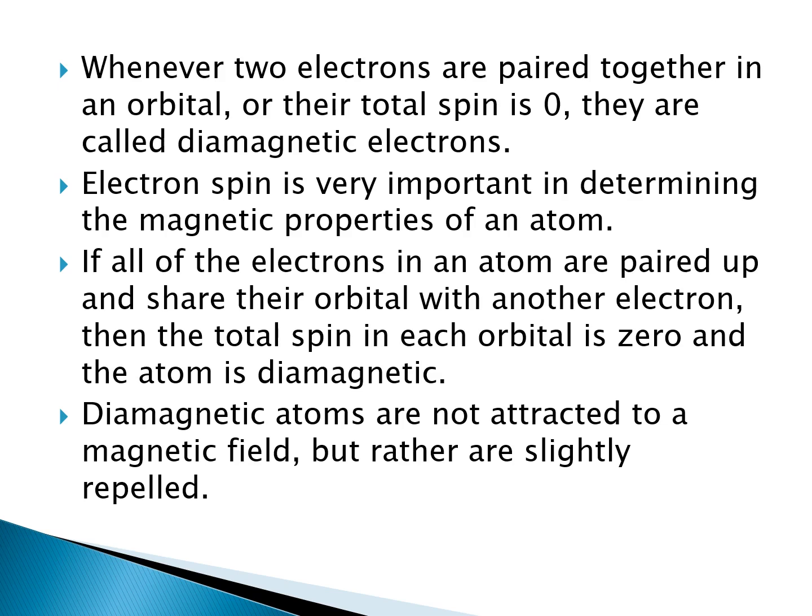Electron spin is very important in determining the magnetic properties of an atom. Diamagnetic atoms are not attracted to a magnetic field, but rather are slightly repelled because they have total spin equal to 0.